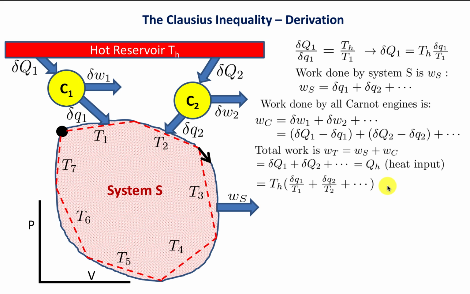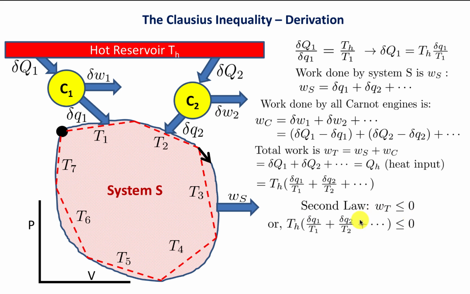Remember that the Kelvin form of the second law of thermodynamics says that it is impossible to get work out from a single reservoir. So what does that tell us? Either the total amount of work done is equal to 0 or it is less than 0.